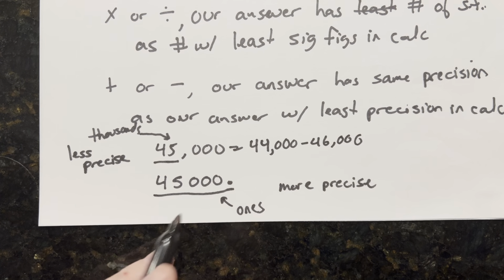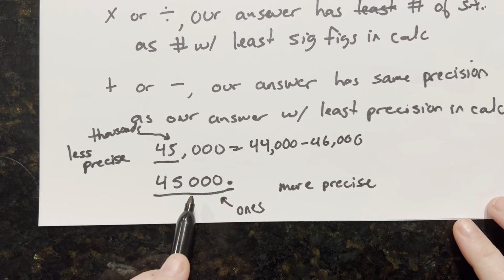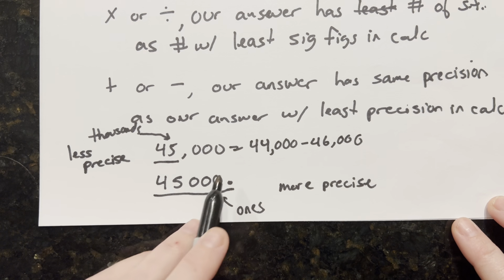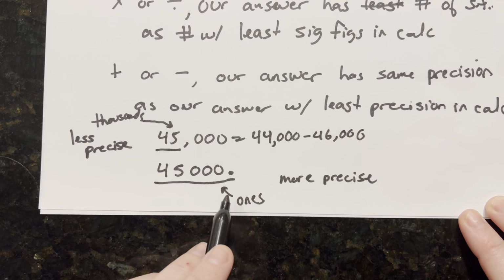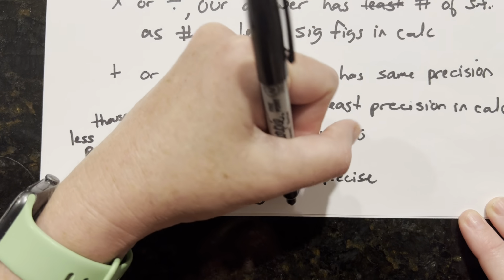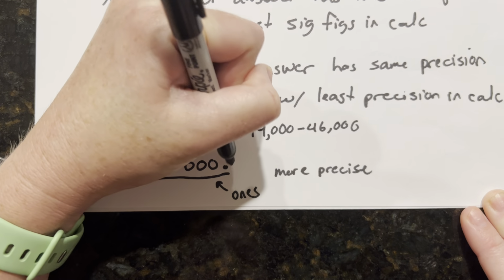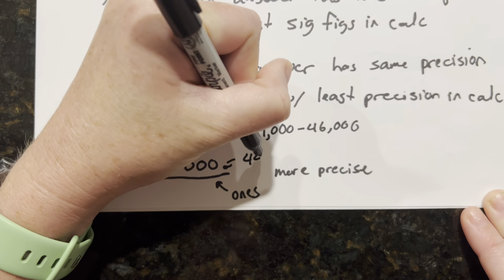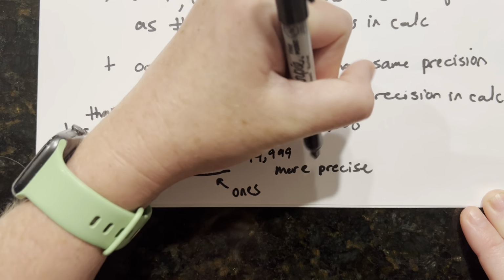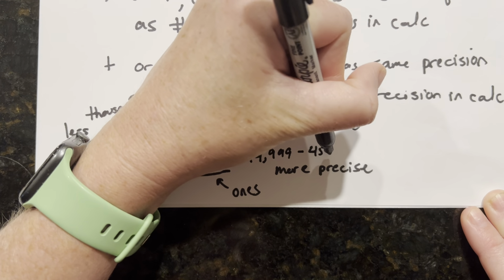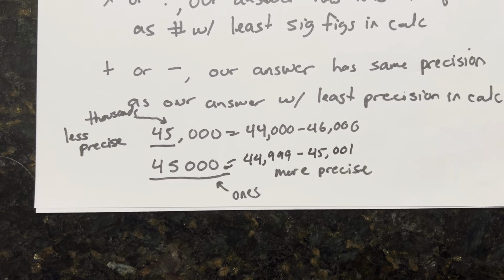But this one is a much tighter, narrower, more precise number. We know the difference between +1 and -1 of the ones place. In other words, this is a range between 44,999 to 45,001. And that's what makes it very special.